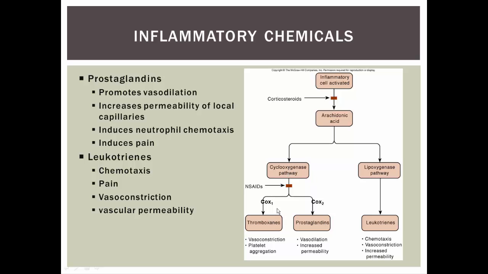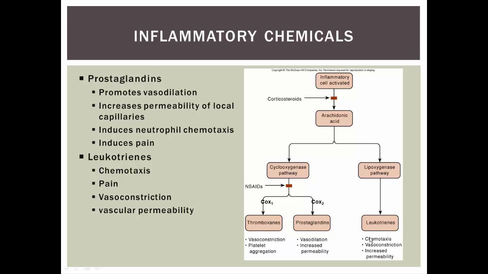This biochemical pathway leads to the formation of thromboxane and prostaglandin. Now, thromboxane, like thromboxane A2, is for platelet aggregation and vasoconstriction to reduce blood loss. But this one, prostaglandin, again, as I mentioned, is vasodilation, increased permeability to lead to inflammation. The other pathway leads to leukotrienes.